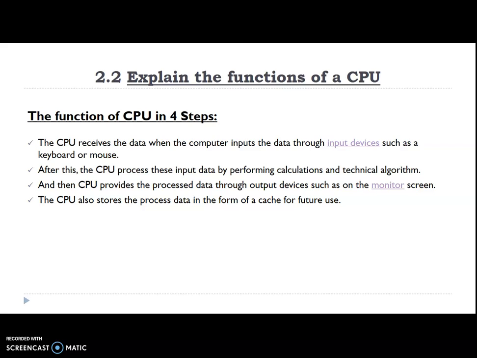Number 2, after this, the CPU processes these input data by performing calculations and technical algorithm. Number 3, and then CPU provides the processed data through an output device such as on the monitor screen. Number 4, the CPU also stores the processed data in the form of a cache for future use.